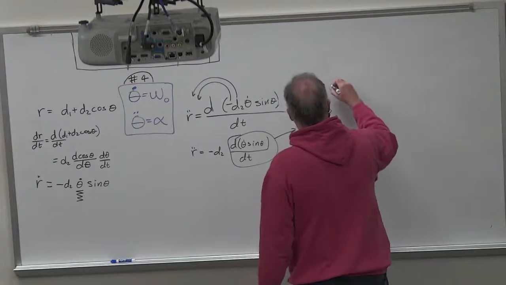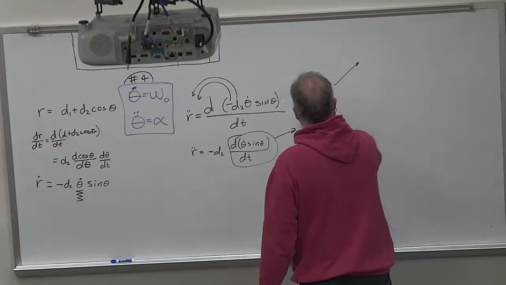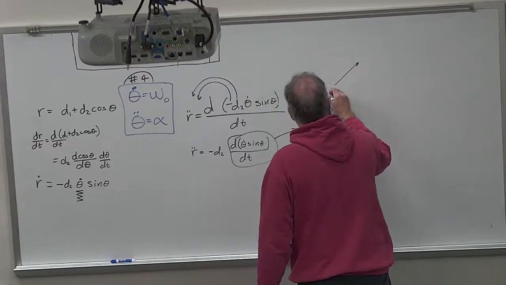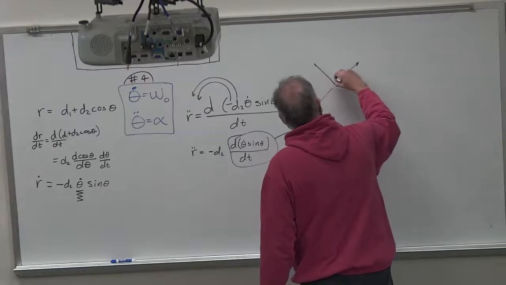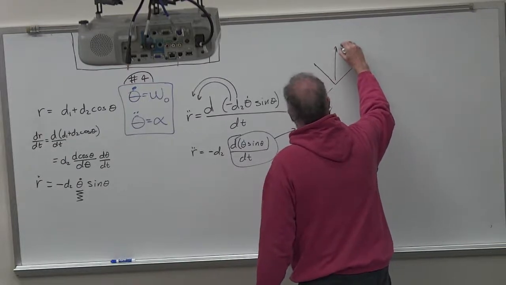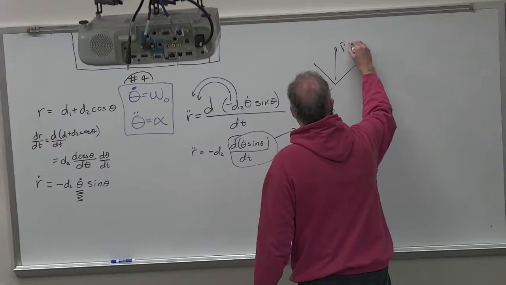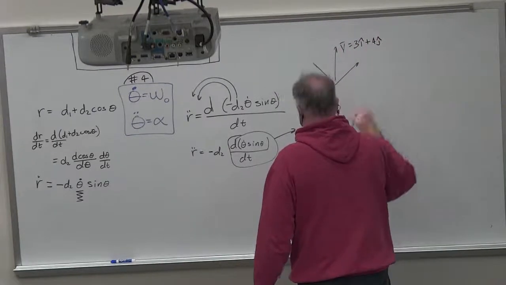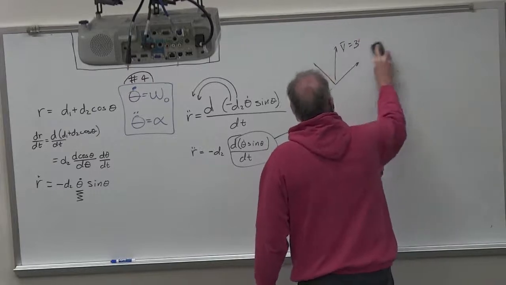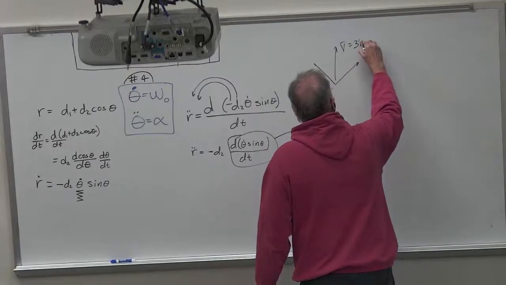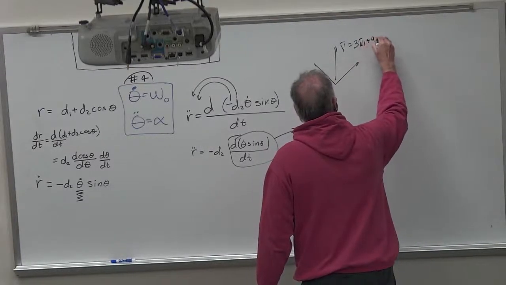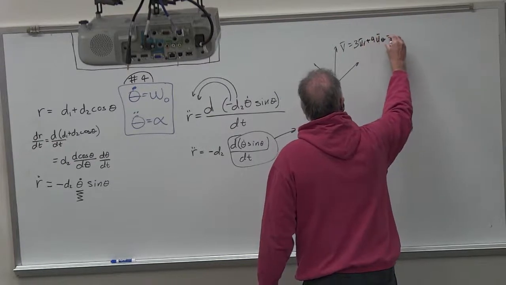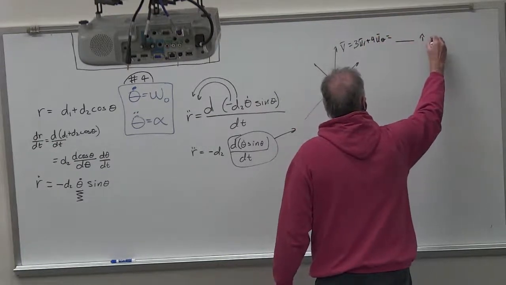I come in and I draw a vector, and then here's the vector, just like what I did before. Velocity is equal to 3 U_r plus 4 U theta, and what are its components in i and j?